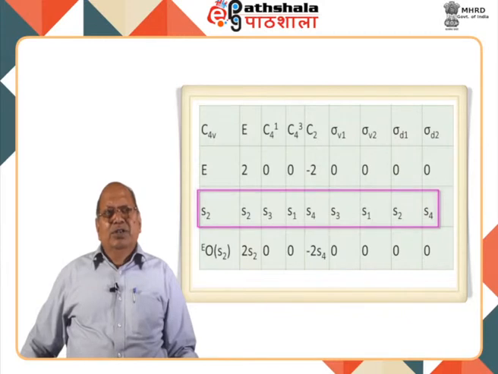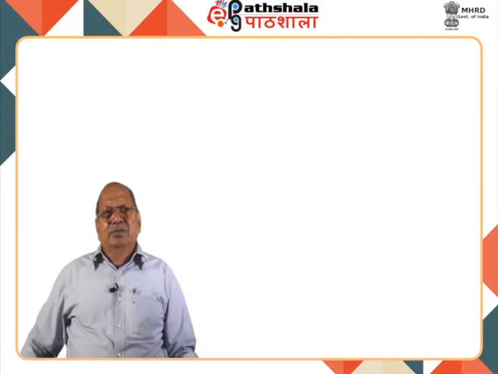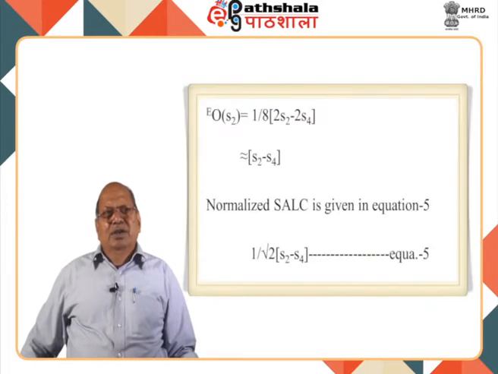S2 goes as S2, S3, S1, S4, S3, S1, S2 and S4, and the results are summarized in equation 5, that is, we get 1 upon root 2 (S2 minus S4).